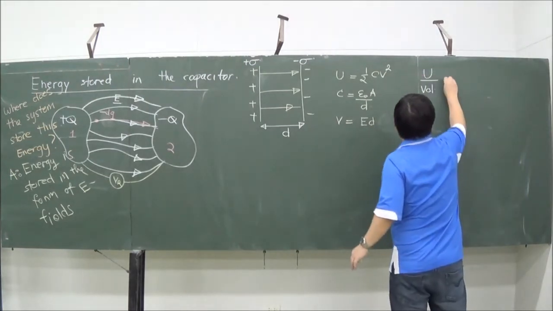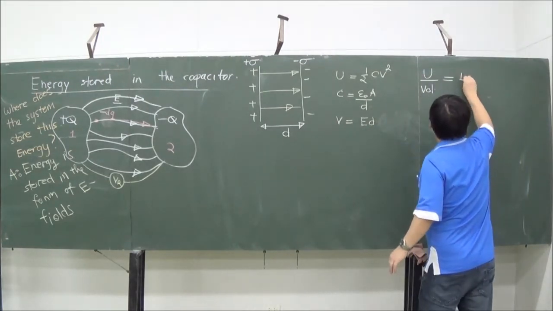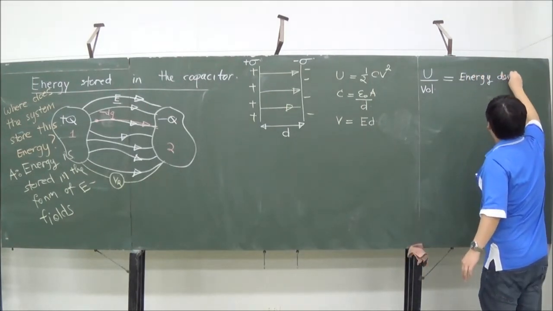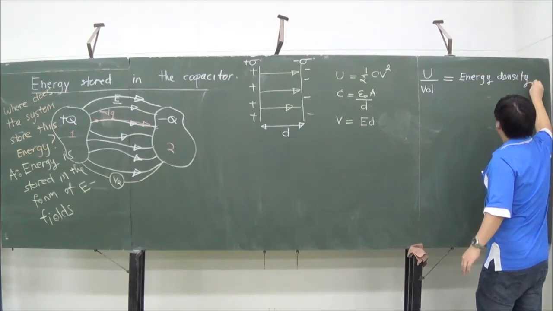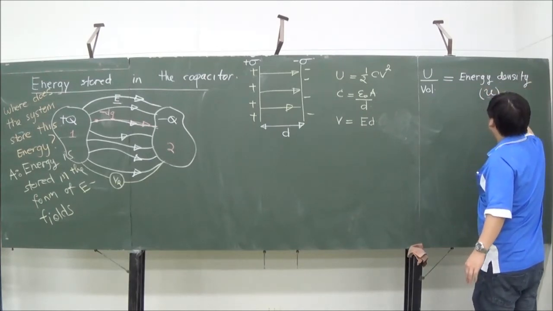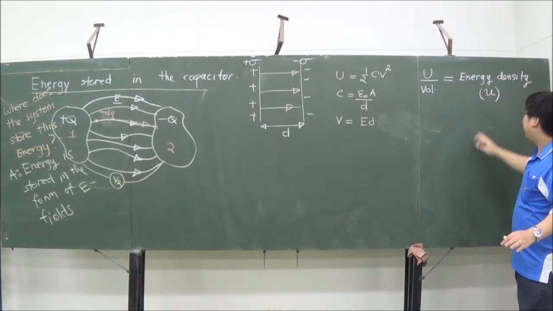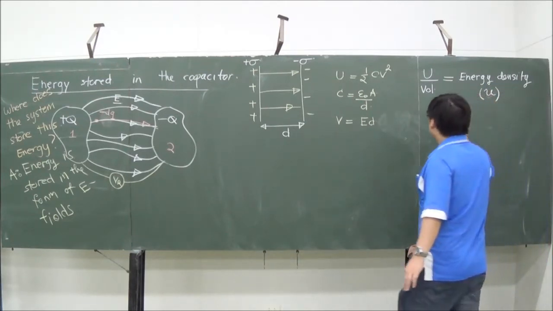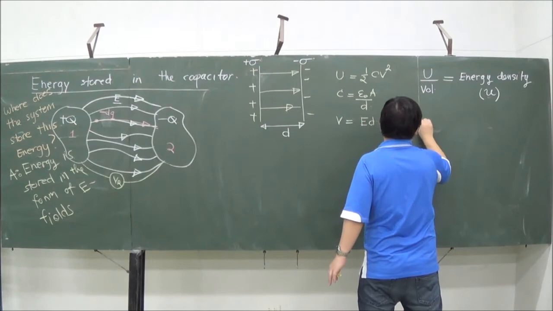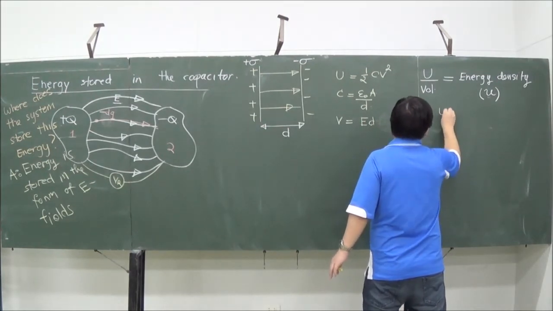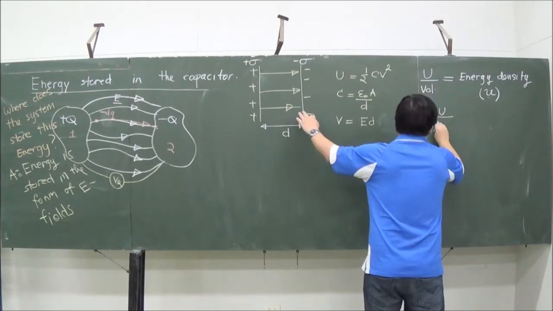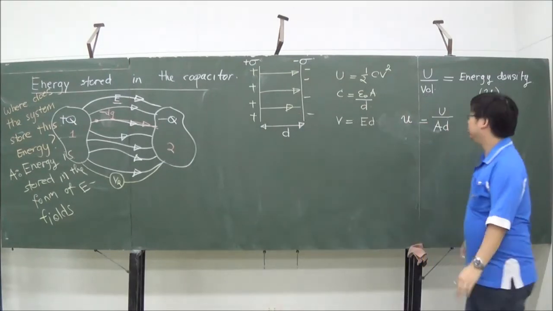This quantity we call the energy density, and we call this quantity small u. When I write small u, you see that I have a curly head here. So u is U over the volume, and the volume is the area times D.